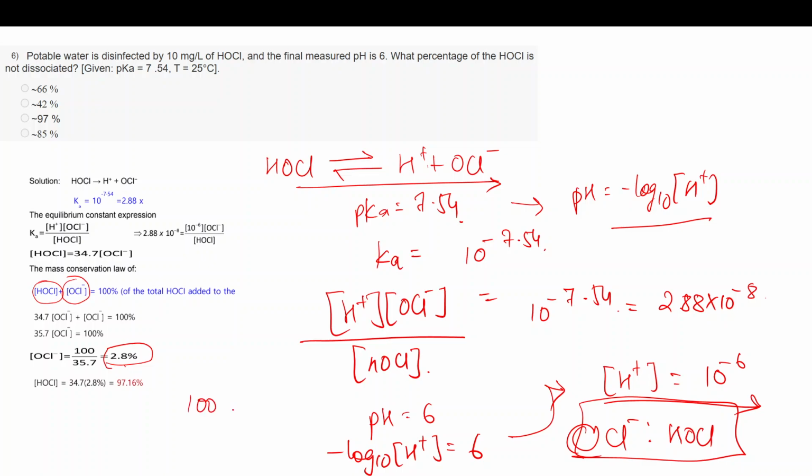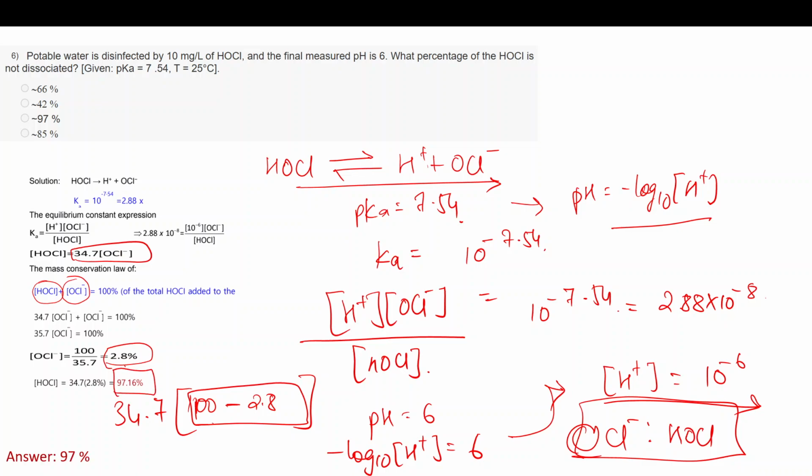So HOCl undissociated will be 100 minus 2.8 into 34.7, right? So HOCl is 34.7 times OCl minus. That comes to around 97.16, which means option C. So are you able to solve this?